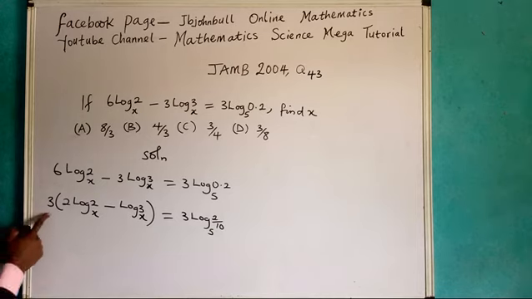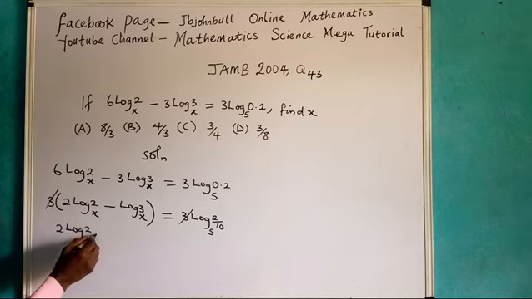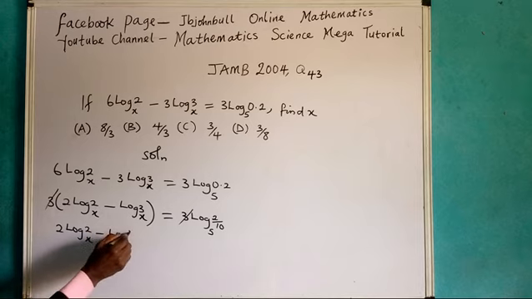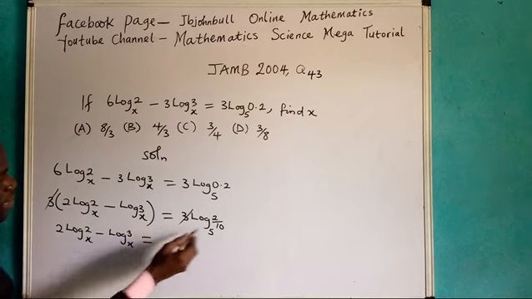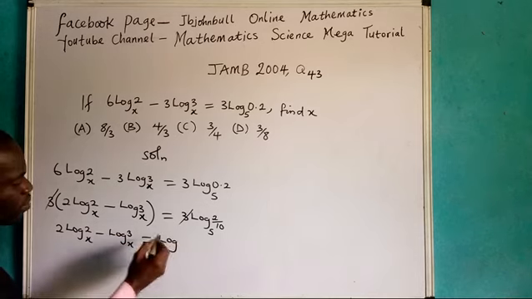Now, this 3 can cancel this 3, so you can eliminate it. What will be left is 2 log 2 base s minus log 3 base s, and we still have the other side, equal to log 2 over 10 base 5.